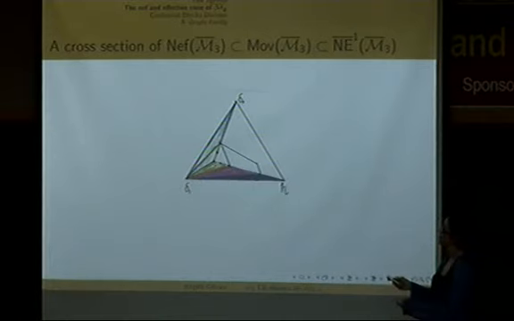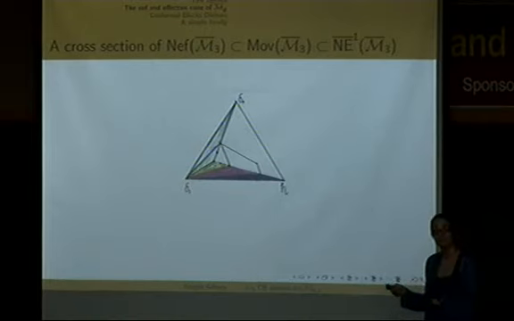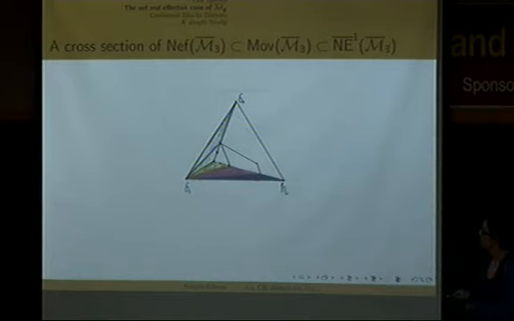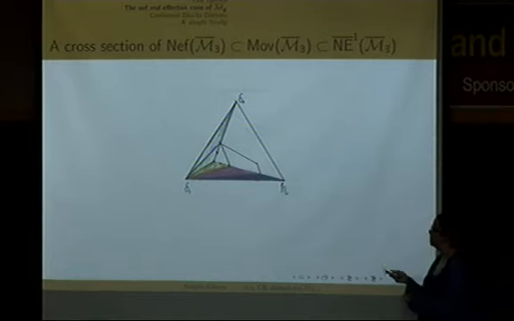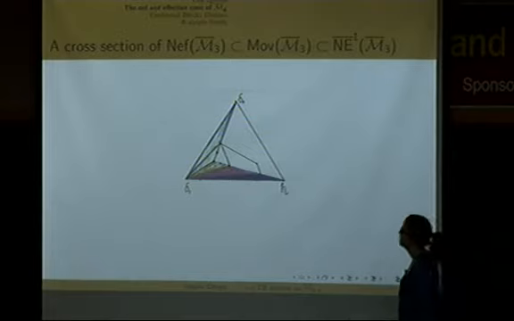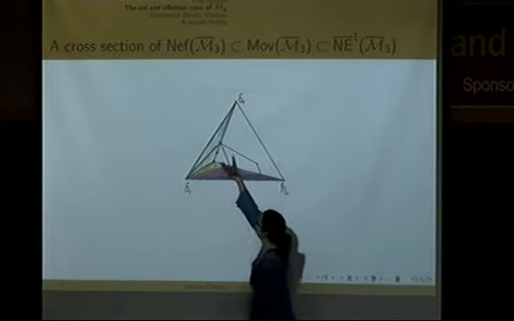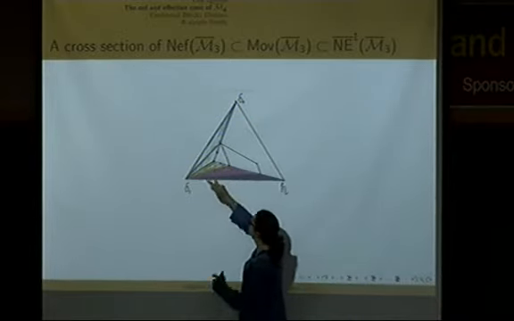Each of these chambers represents a variety that M3 maps to, and it's a birational model of M3, actually. And you can tell by where the chamber is certain things about the variety. I'm going to talk about all of these chambers, but let me just point out some features.